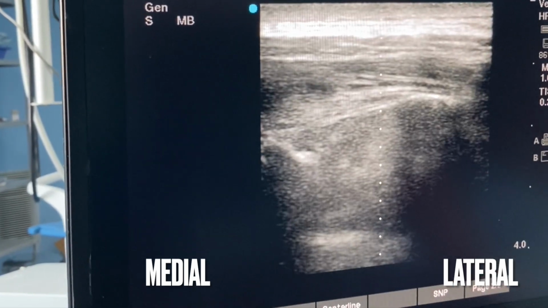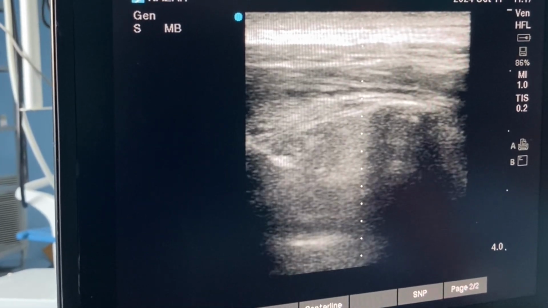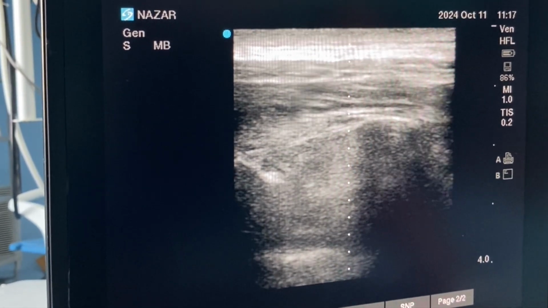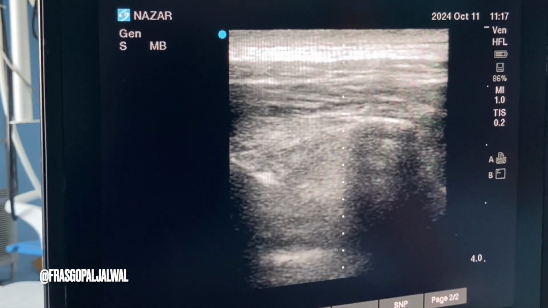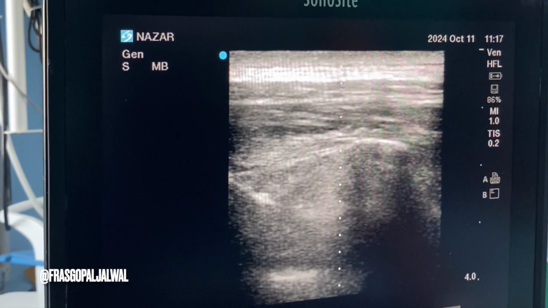Here now we will deposit the local anesthetic, and you can see that when we deposit the local anesthetic, the erector spinae muscle is lifting up.